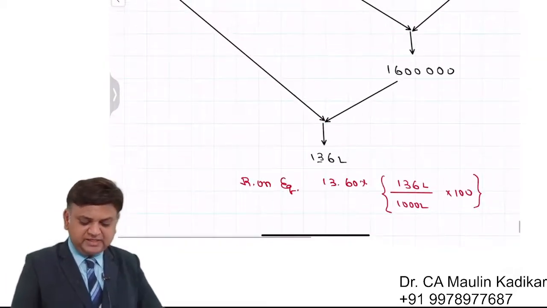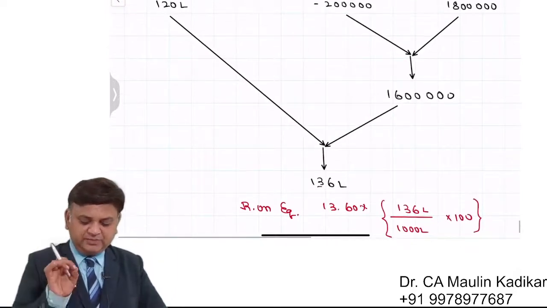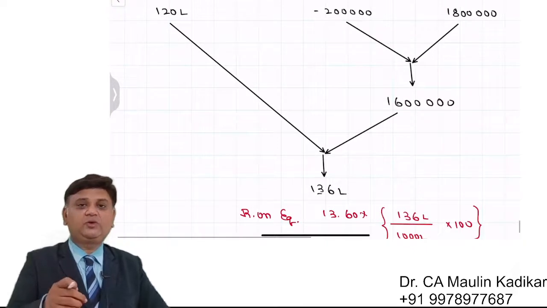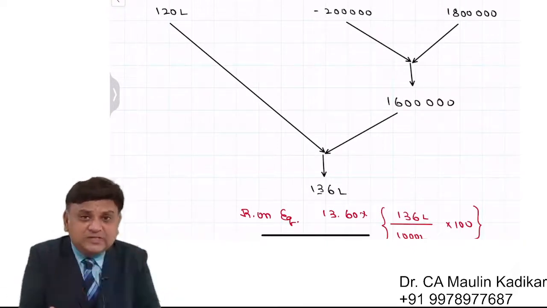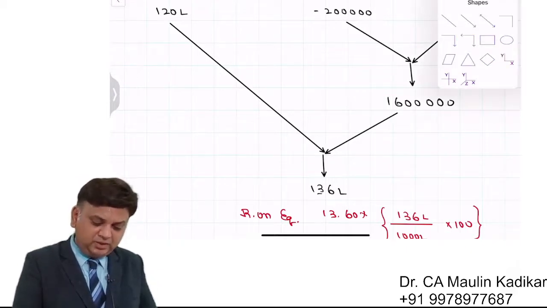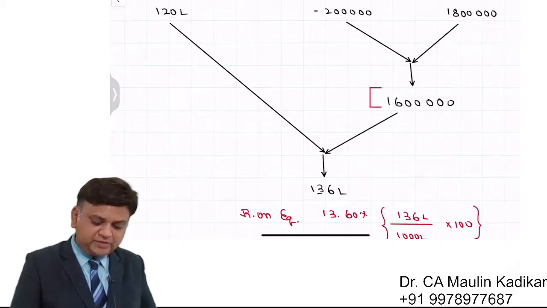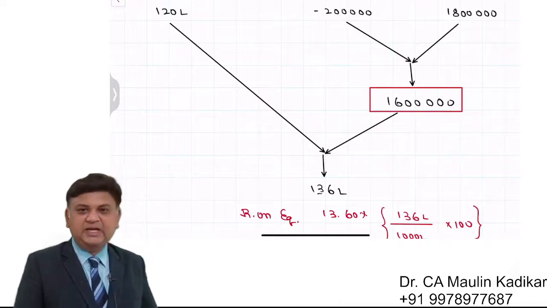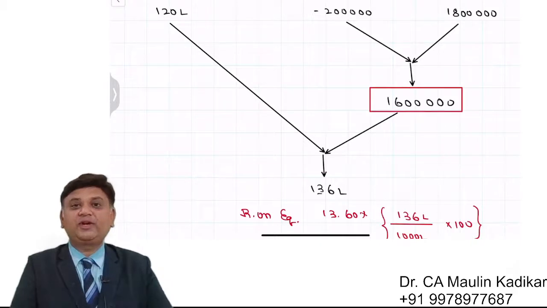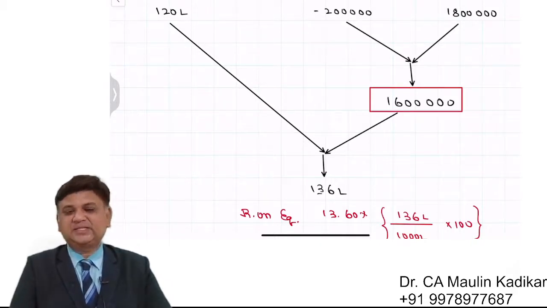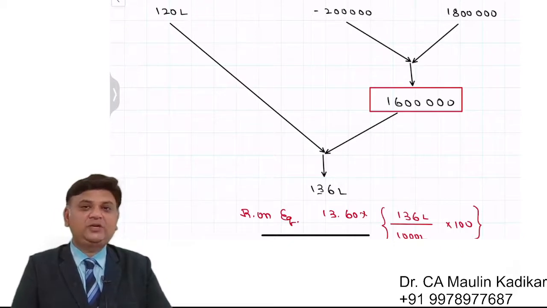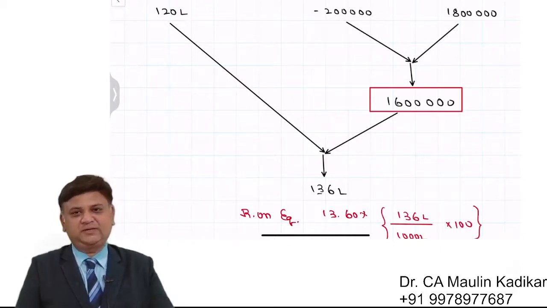So whatever the return of 13.6%, in that 120 lakhs is what you are able to earn for your own investment, and this 16 lakh rupees is what you are able to earn because of the introduction of committed sources of finance, which is given a technical name: the advantage of trading on equity. The 16 lakhs is considered to be the overall advantage of trading on equity. That is what we understand.